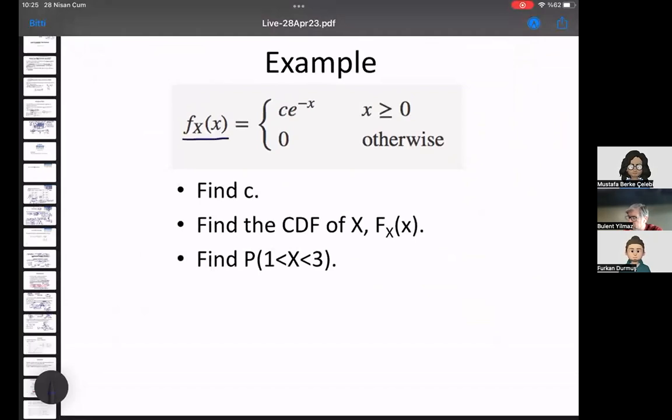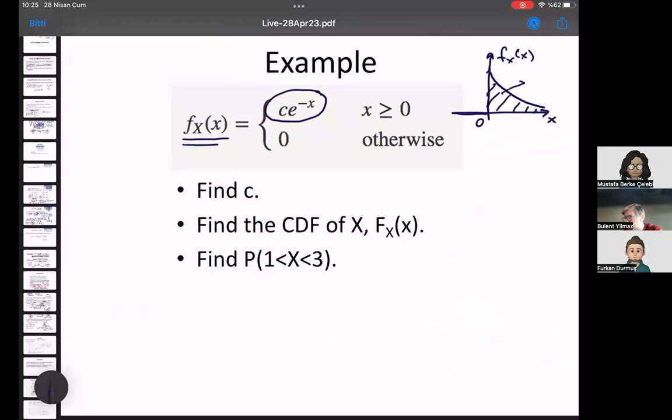This is my PDF. This is how it is determined, c times e to the power minus x. So it's an exponential random variable. This is x, and this is fx of x. After 0, it is this number, and then what should be the area under this curve?